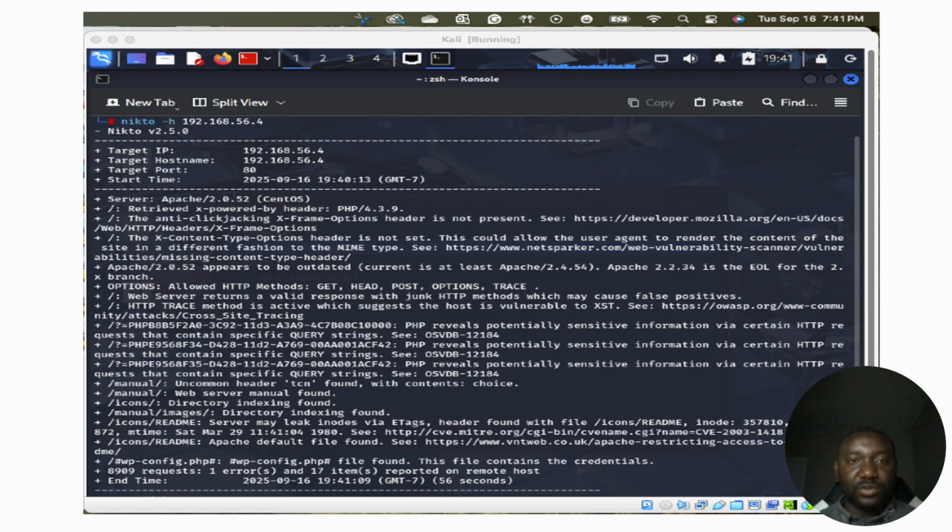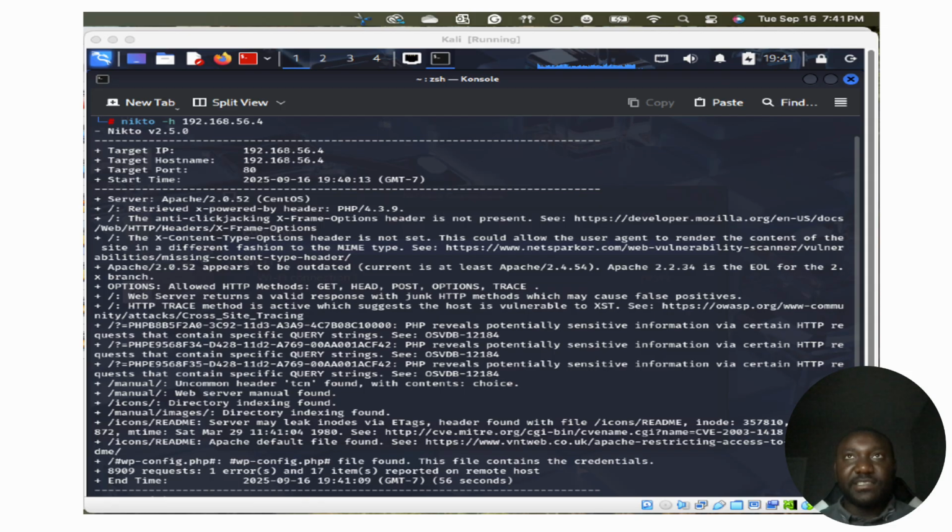of the command. So when we run this, we have a lot of vulnerabilities, such as the server, which is Apache 2.0.52, which is outdated. And then we also saw that the HTTP TRACE method is active, which suggests the host is vulnerable to XST.